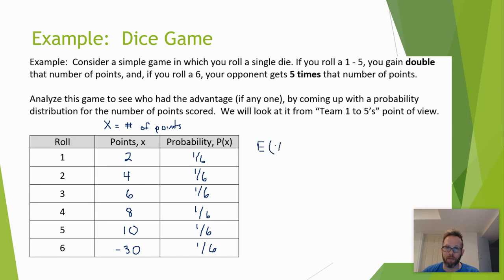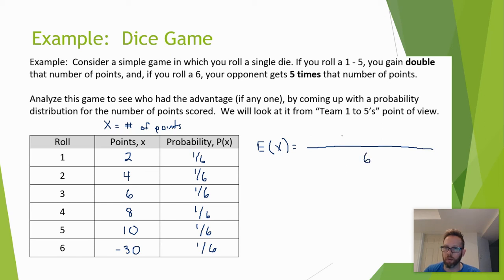So the expected value, I'm going to write this using a shortcut that you may want to take advantage of. All of these outcomes are over 6. So you can put all of these just all out of 6.